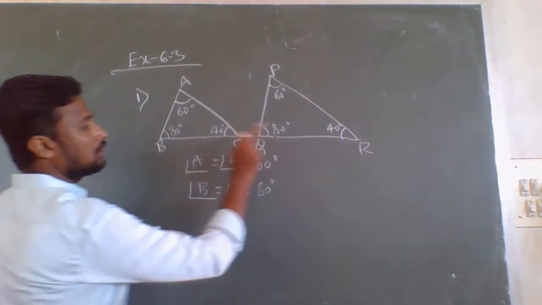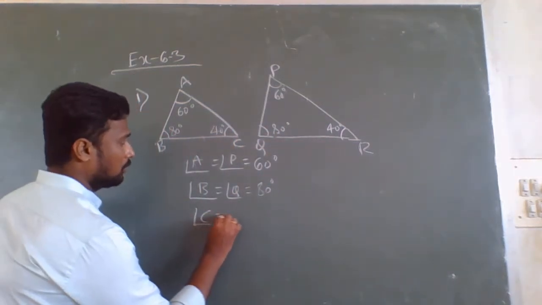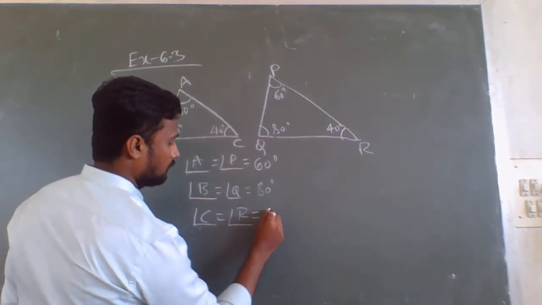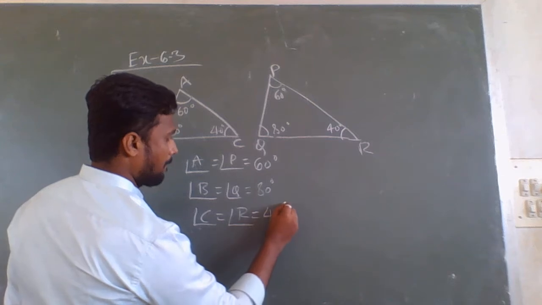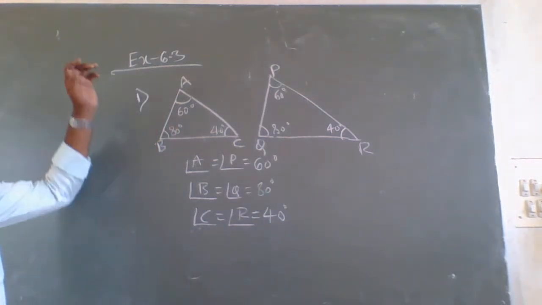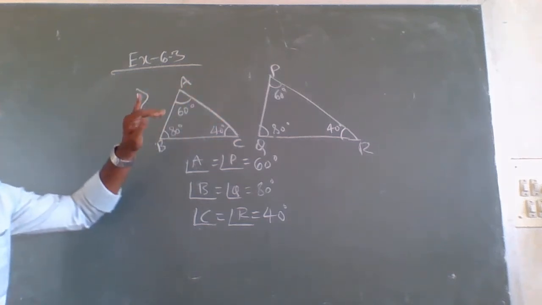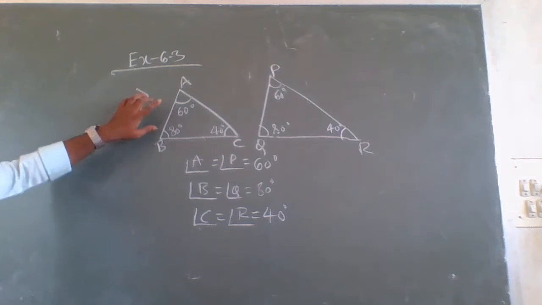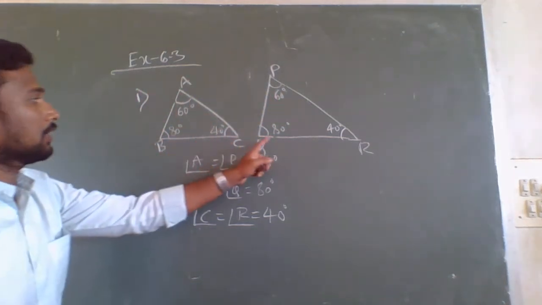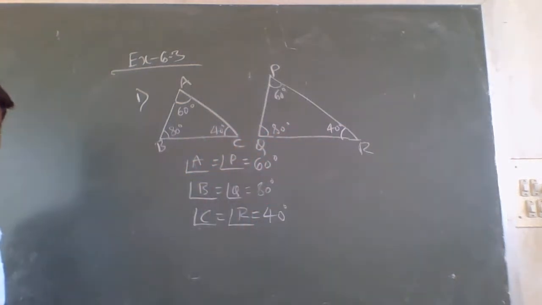Now, angle C is equal to angle R. Why? Both are 40 degree. So here, corresponding angles are equal: angle A is equal to angle P, angle B is equal to angle Q, and angle C is equal to angle R.